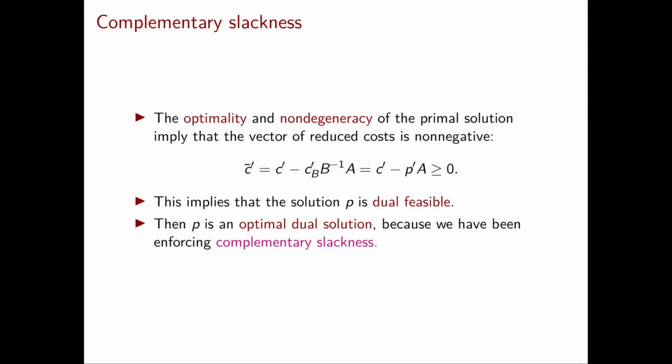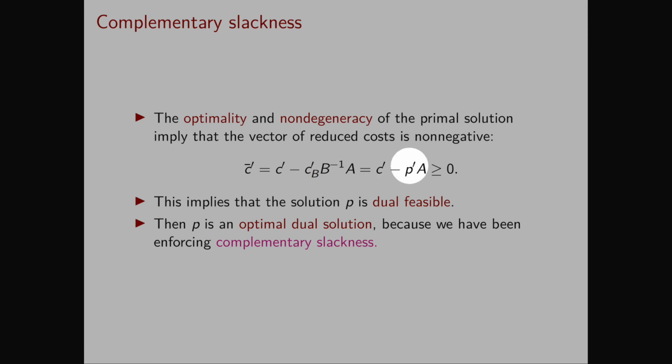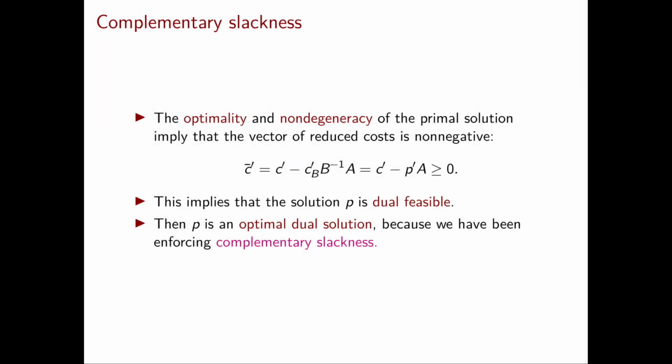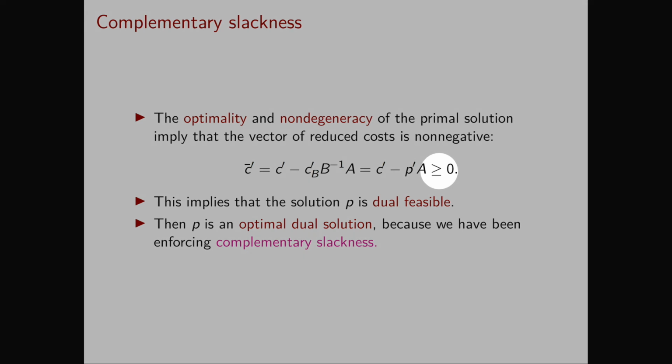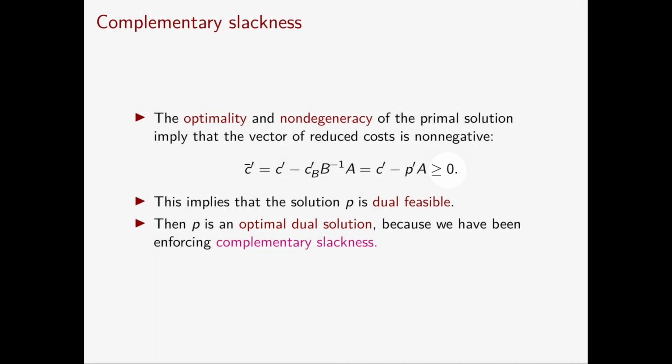So we can write that c transpose minus p transpose A is greater than or equal to 0. These are exactly the constraints of our dual problem. So we have shown that the solution p is dual feasible.